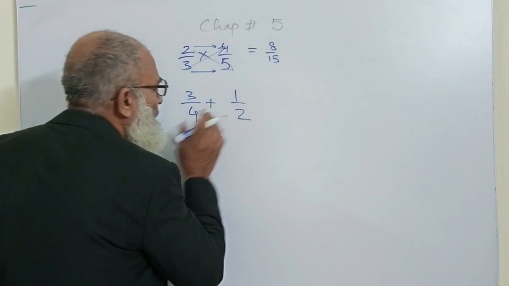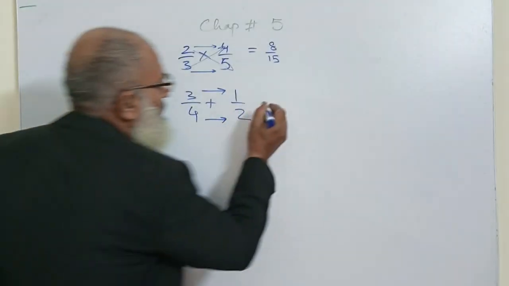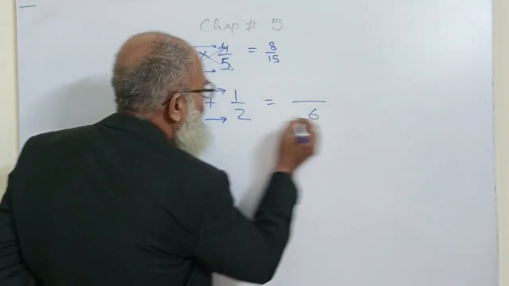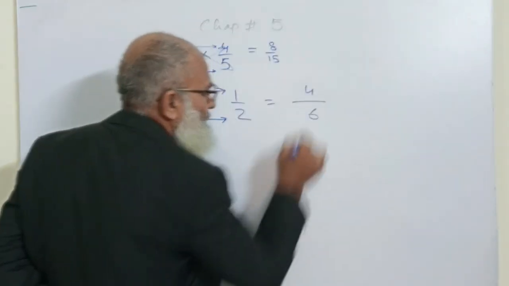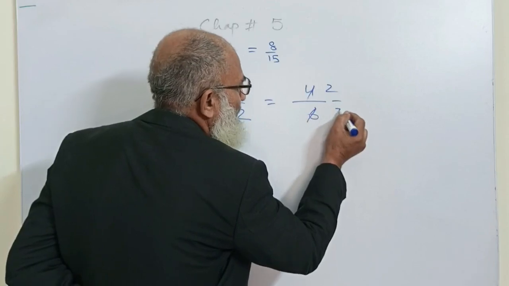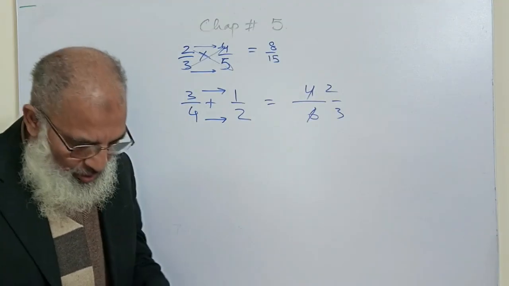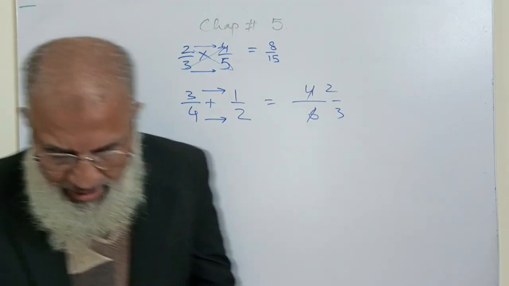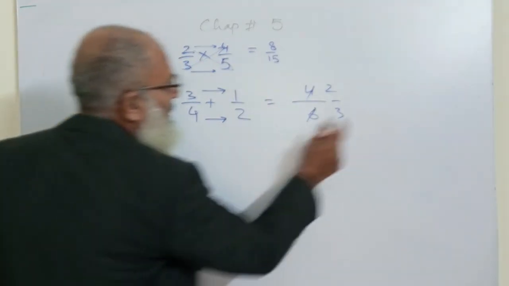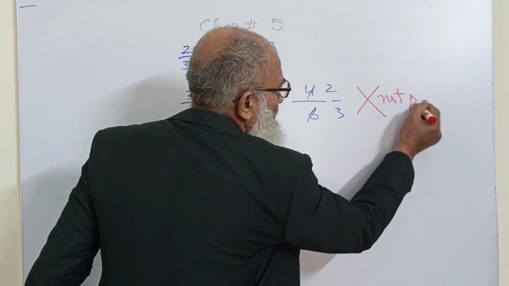Now, by doing this, we'll get 4 plus 2 is 6, 3 plus 1 is 4. And by simplifying it, it will become 2 by 3. Is it possible? No, it is not possible. So, my dear students, this is not possible.